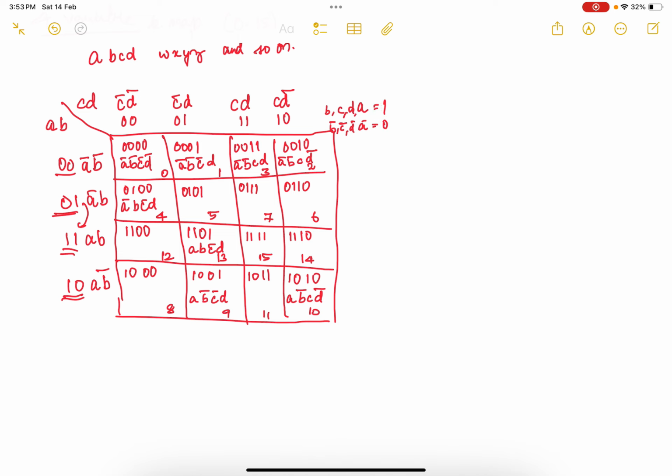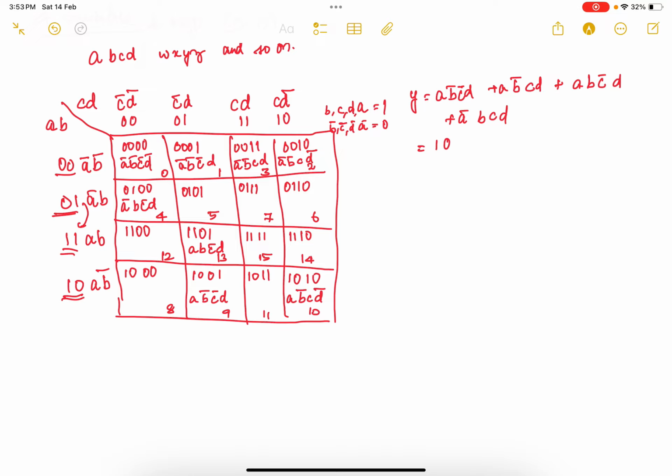Now, for example, if we are given an expression like this, that is A B bar C bar D plus A B bar C D plus A B C bar D plus A bar B C D. So first, you want to write it in terms of values.